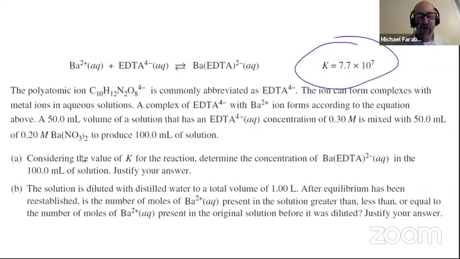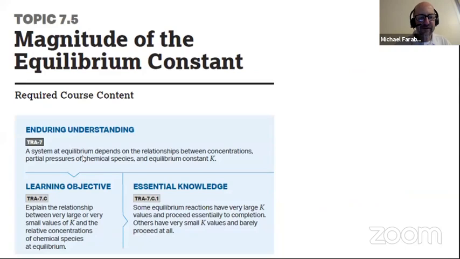It also had a rather large value for the equilibrium constant. And what I had said in referring to topic 7.5 from the AP chemistry curriculum is that some equilibrium reactions have very large values of K, others have very small values of K. But the ones that have large values of K essentially proceed to completion, whereas the very small values of K are essentially reactants and barely proceed at all.